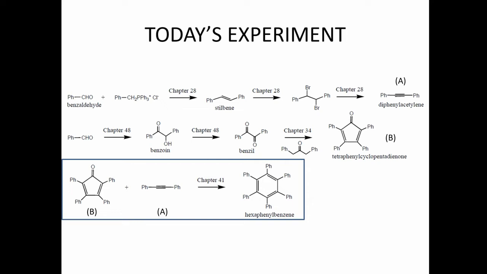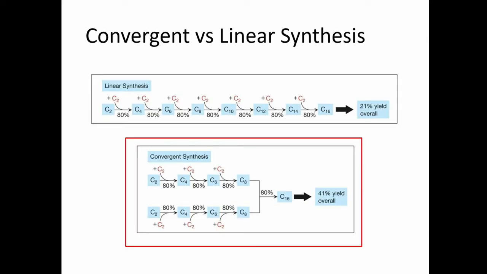So why exactly do we want to perform a convergent synthesis over a linear synthesis? The answer lies in the yield that we obtain at the end. After we perform a reaction, we're not going to obtain 100% yield. We normally will get somewhere around 80% if we're lucky.